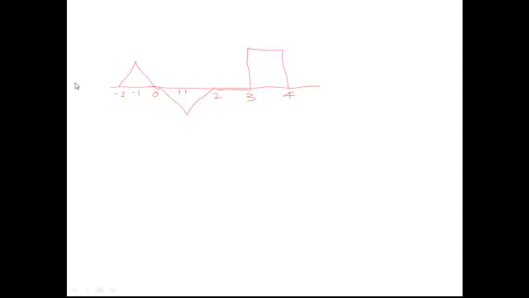Now again let us say on the negative side the maximum peak is minus 2. Let us say the maximum peak here is 1. This point is 1, and let us say this point is 2.